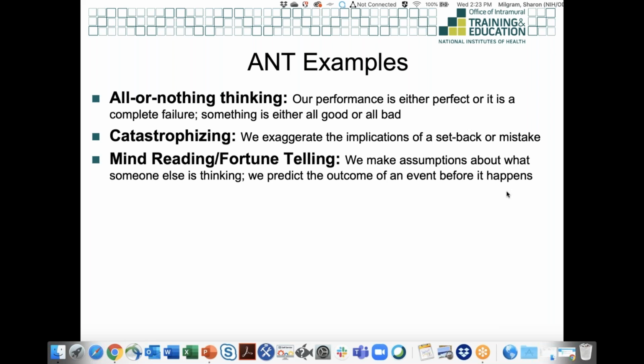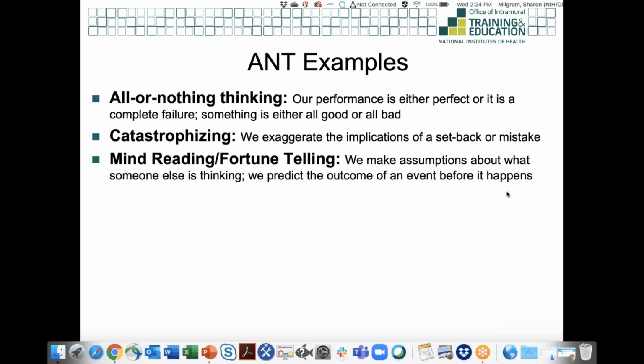So we ask our friend to maybe get together and study with us, or to get together and work on a project together, and they don't answer our text right away, and we just fill in the blank of all of that with assuming, oh, they don't want to do this with me, they think I'm not very helpful, they really don't want to be in a study group with me. That's mind reading. We made an assumption about what they were thinking.